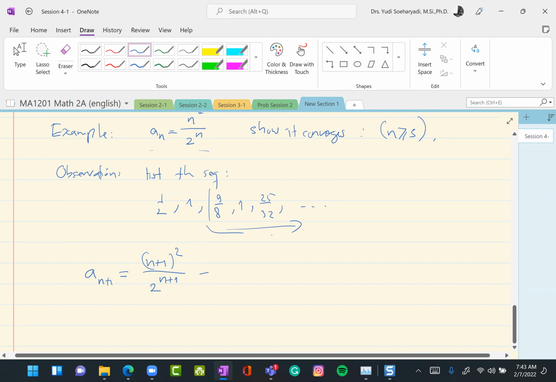So what we have is n squared plus 2n plus 1 over 2 to the n+1.